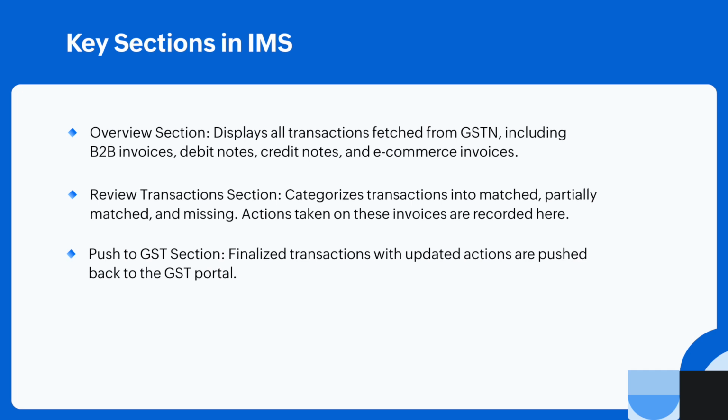It displays all the transactions fetched from the GSTN, including B2B invoices, debit notes, credit notes, and e-commerce invoices. The review transaction section categorizes transactions into matched, partially matched, and missing. Actions taken on these invoices are recorded here in the review transaction section. In the Push to GSTN section, finalized transactions with updated actions are pushed back to the GST portal.